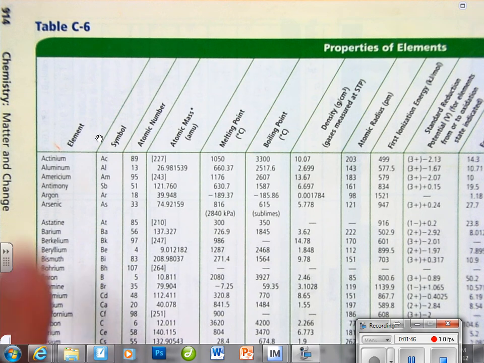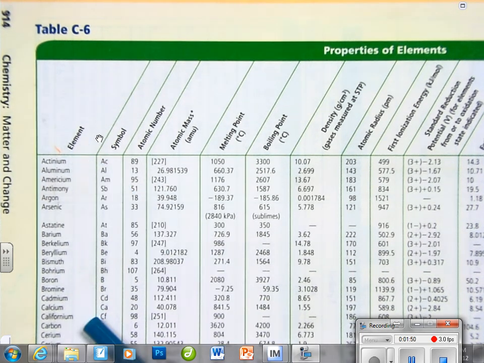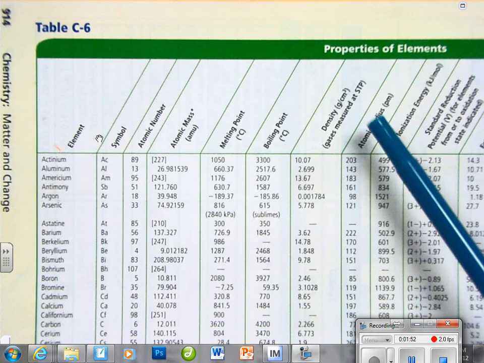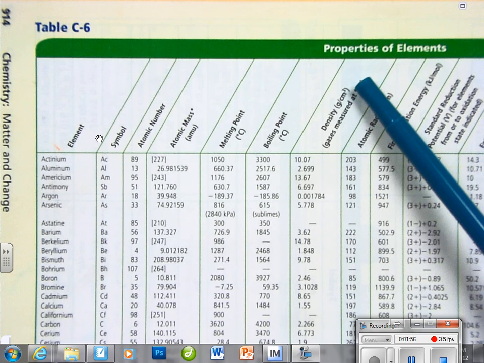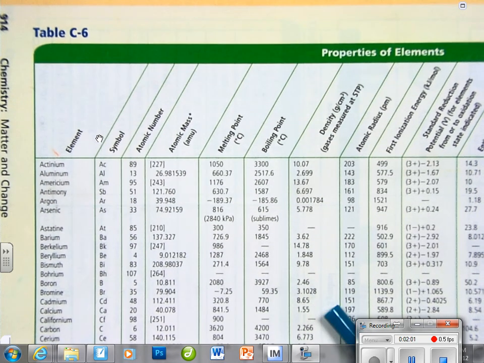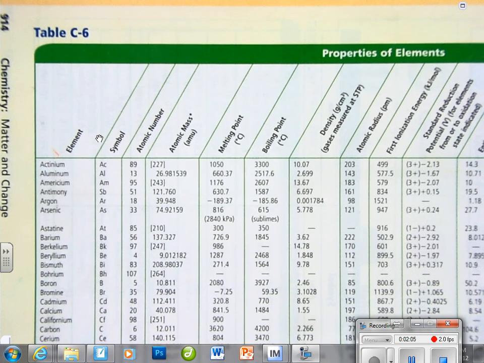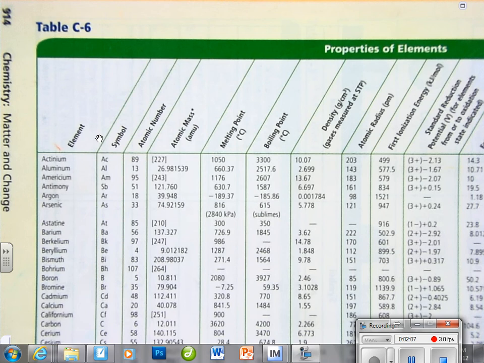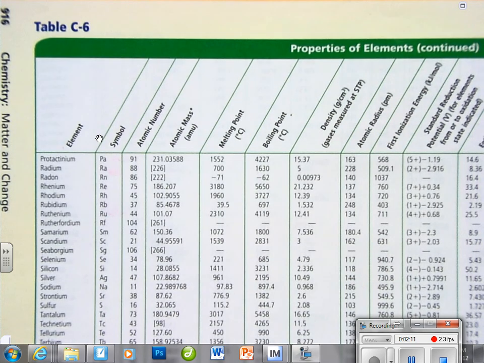So if you look here in this column, you have the elements. In this column over here, you have the densities. And as you go down the densities, you'll find out that sulfur is not there. You'll have to flip a page and go to page 916.